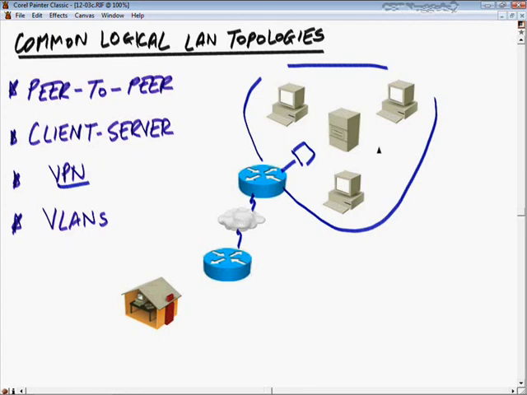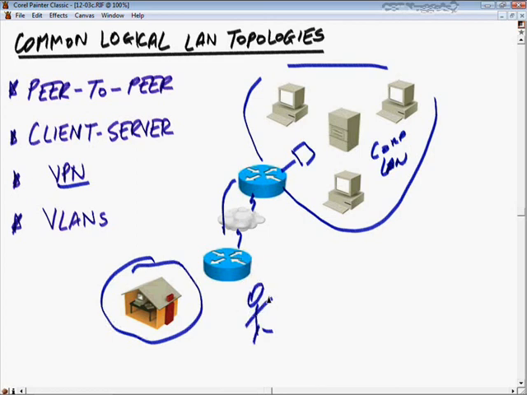We extend our corporate LAN and all of its services and resources, its client-server architecture, all of its data and web services and email and chat and FTP and application services and mail services and database services and file and print services, terminal services. All these things get extended and virtualized over an untrusted network to some other remote site or a remote user.